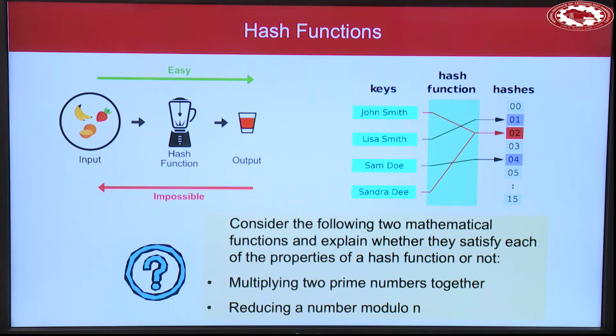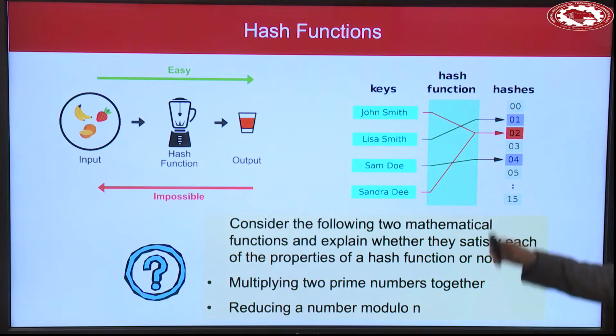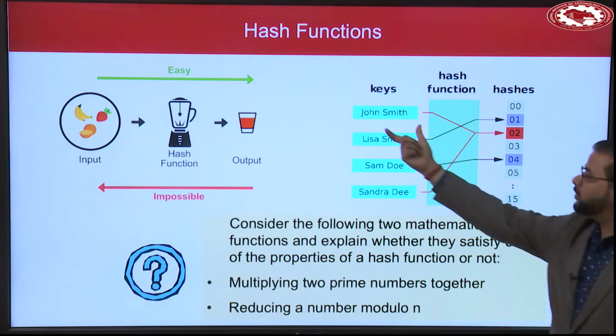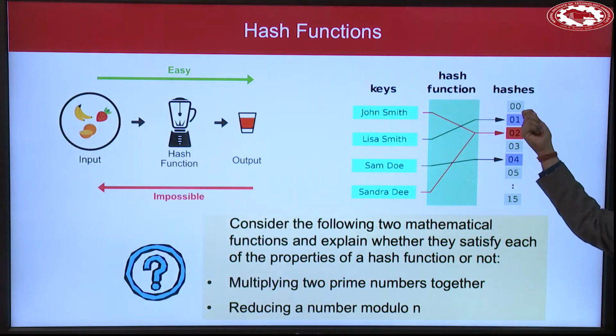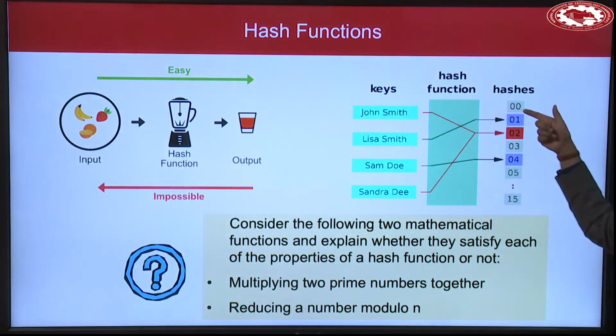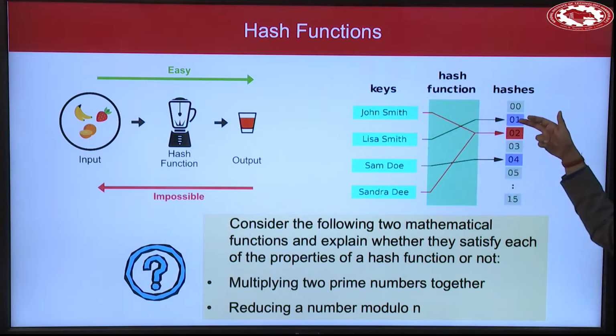Now, what could go wrong? Let's say you have a hash function of 2 digits, and these digits are only binary. Binary means they can have only 4 combinations: 00, 01, 10, 11. So I'm passing an input to a hash function, and it's giving me a 2-bit outcome. Let's say for John Smith, it's 0, 2. For another person, it's 0, 1.